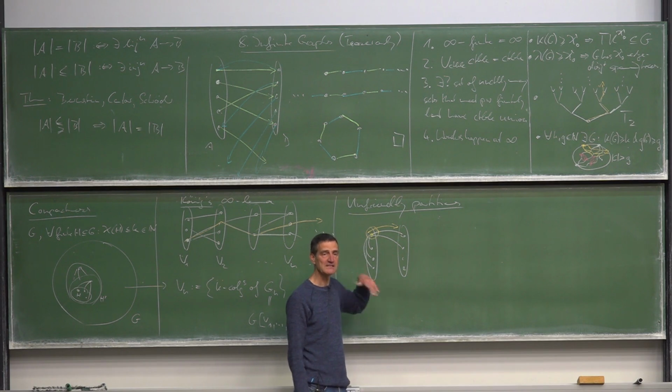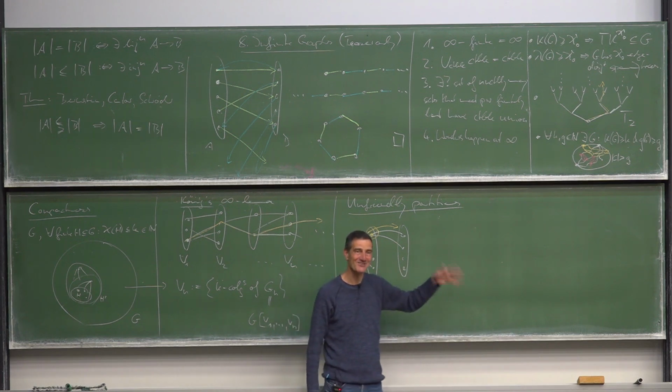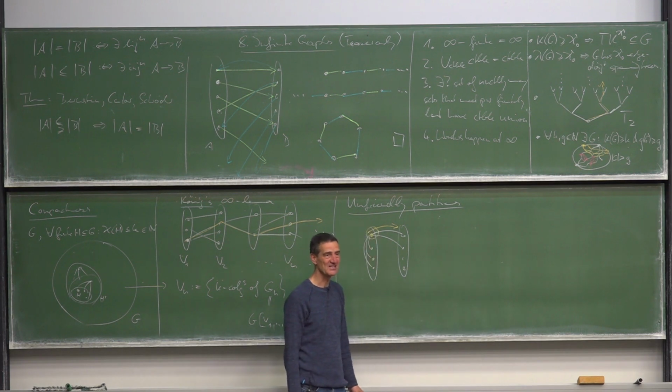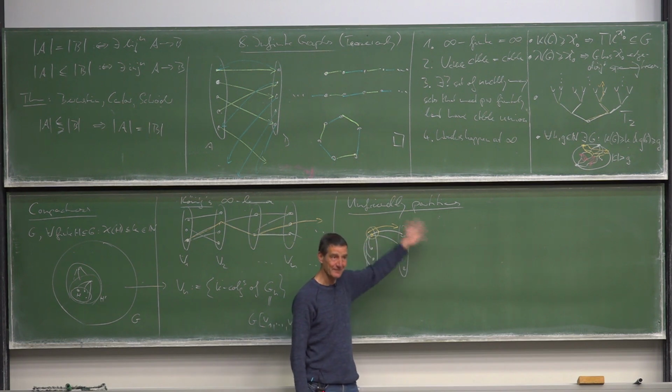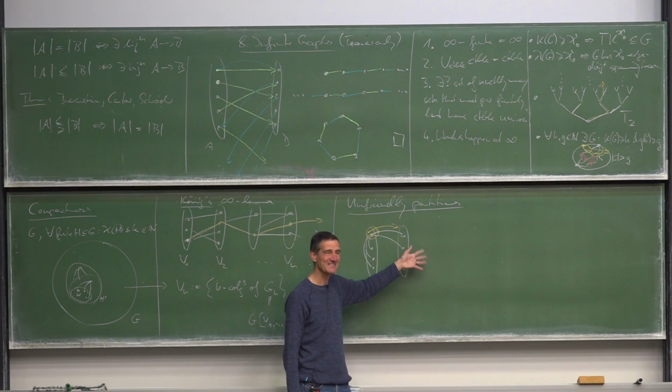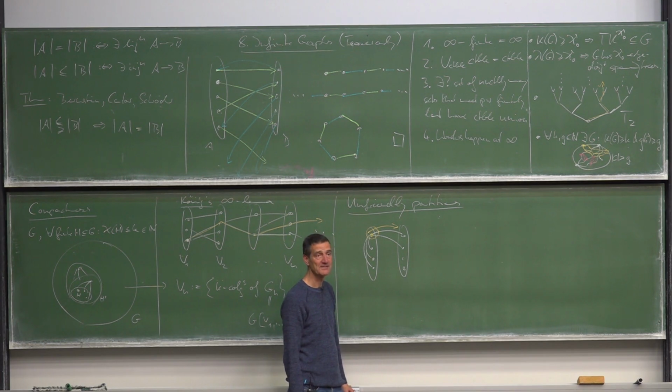Well, if we can find some parameter that is monotone, that keeps, say, going up with every such move, then if we can prove that it can't go up more than so-and-so many times, then we can say, well, when we have completed so-and-so many moves, it will have stopped. And if it stops just by itself, then every vertex is happy. I call vertices happy if they have at least as many neighbors in the opposite class as in their own. So can you think of a parameter that does go up?